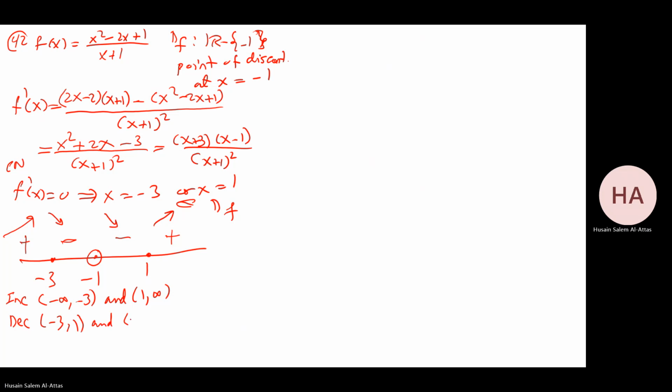And I have a local max at x equals -3. What about at x equals -1? We don't have anything. And a local min at x equals 1. Okay. Local max at x equals -3, local min at x equals 1.